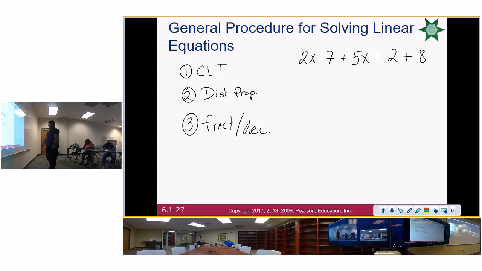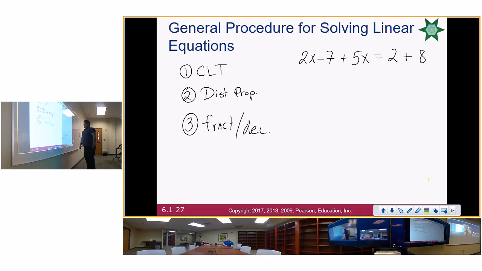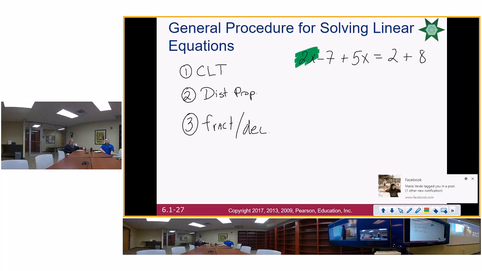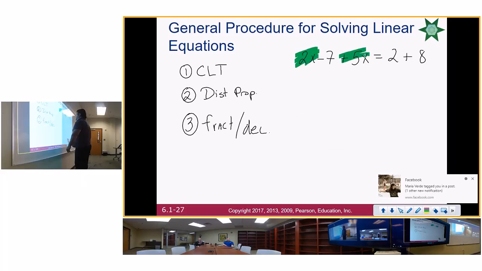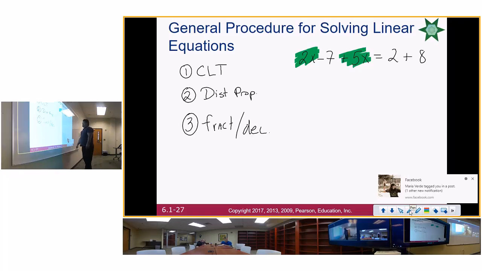So I'm going to take my handy dandy highlighter and highlight those two, because they are like terms. So 2x plus 5x is 7x minus 7 is equal to 2 plus 8.